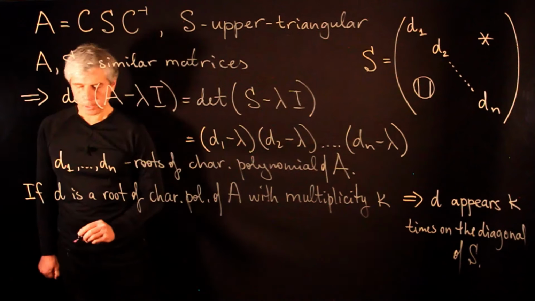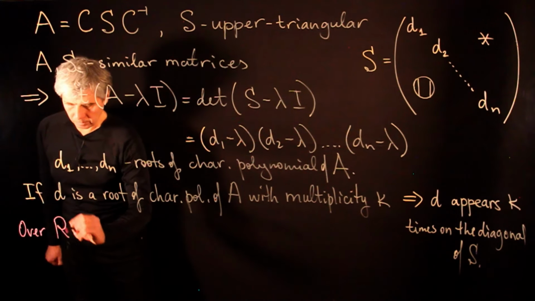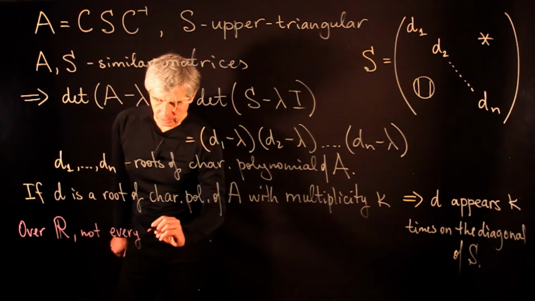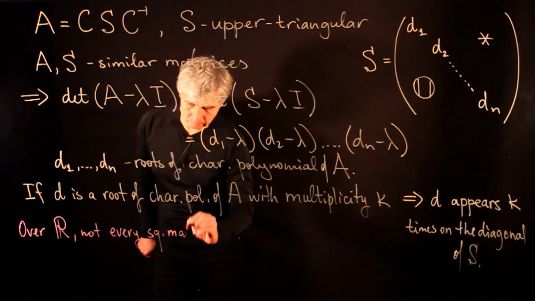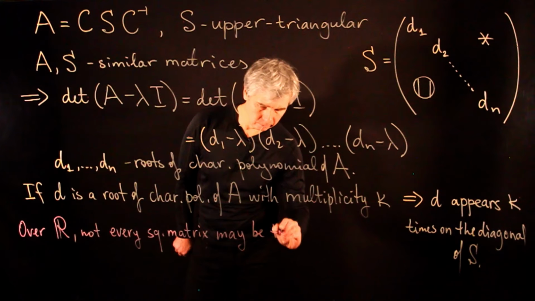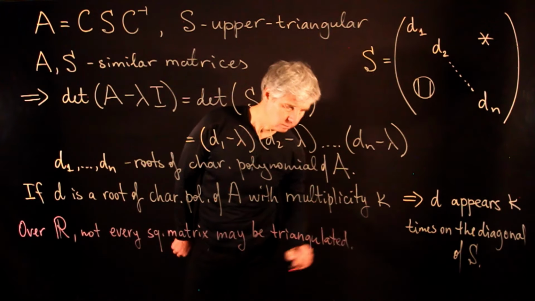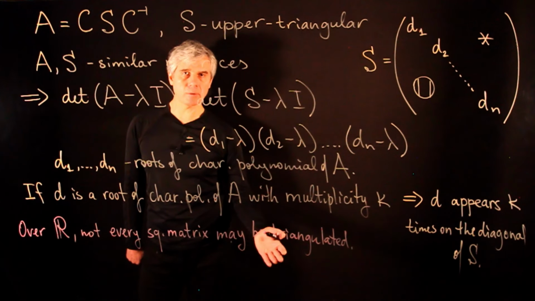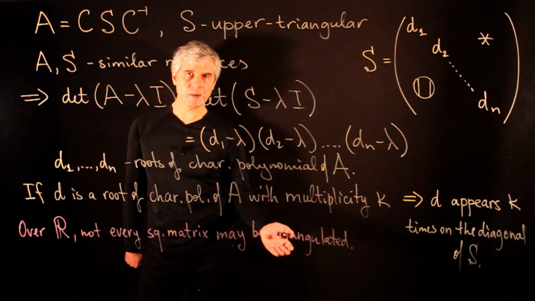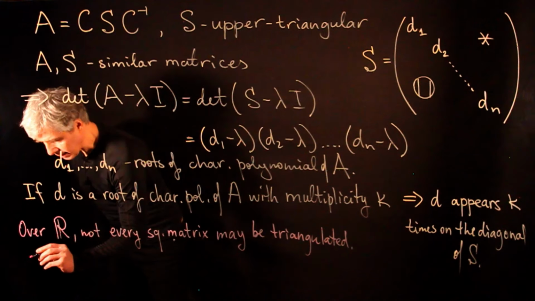So we know that over real numbers, not every square matrix may be triangulated. So we saw that rotation matrices cannot be brought to triangular form over real numbers, but over complex numbers they can even be diagonalizable. And we get the following criterion.